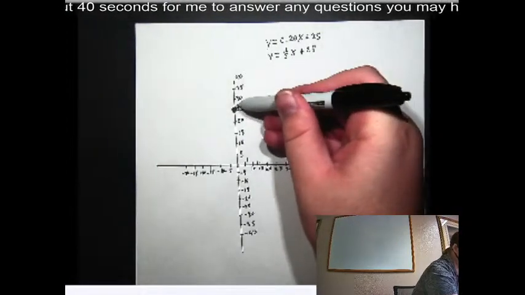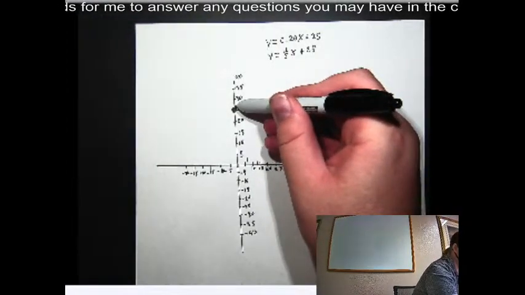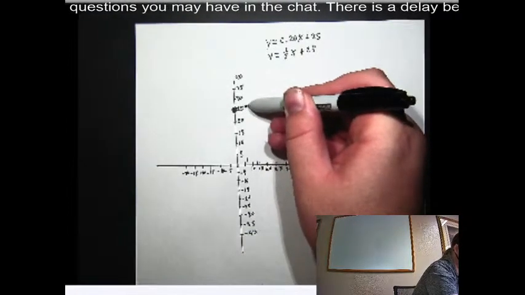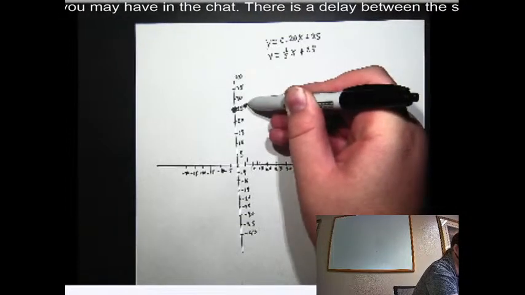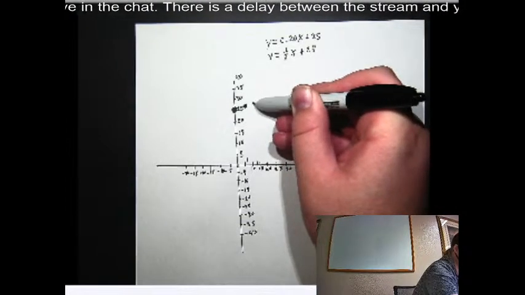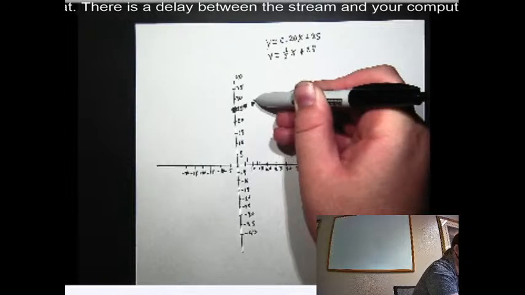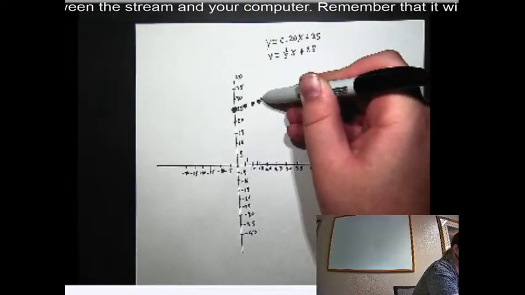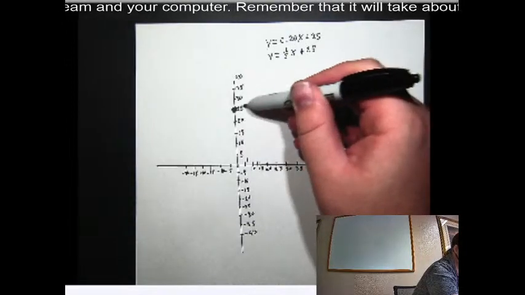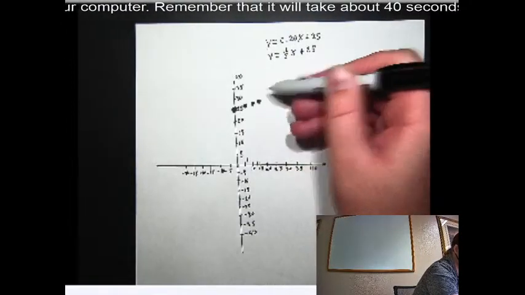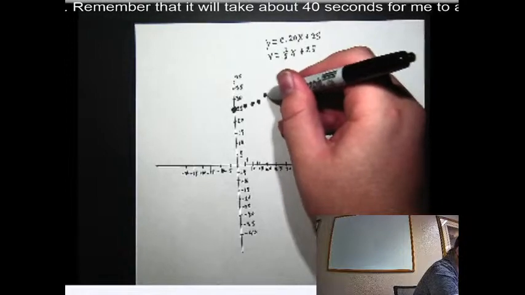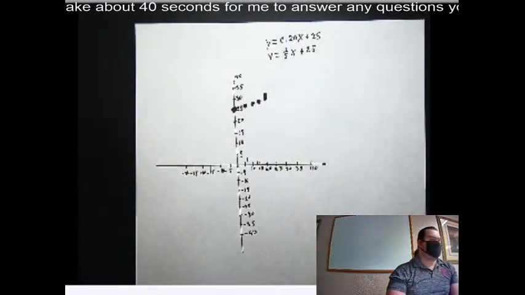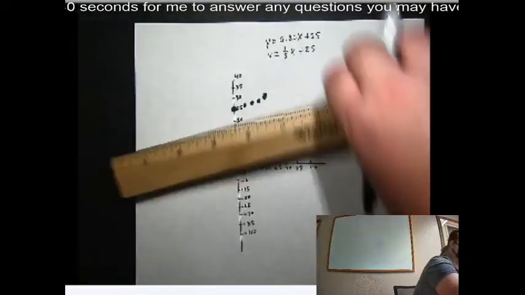So if I go up 1 over 5, that's 5. Up 1 over 5 is 10. Up 1 over 5 is 15. Up 1 over 5, let's see, 1, 2, 3, 4, and yeah, that'd be 30. And it would continue like this.